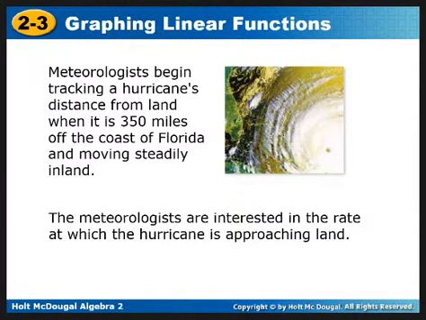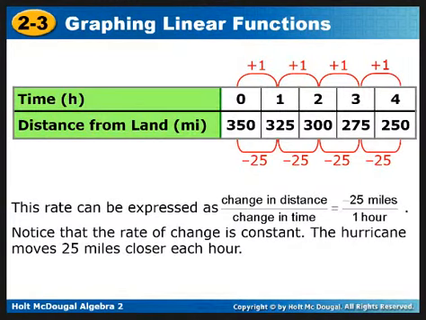All right, so if we move forward here and we look at the information presented to us, our top row would signify our input values. In this case, it is going to be representing time. The bottom row is going to represent our distance from land. Now, as you can see, this is already drawn out for us a little bit, but we want to measure the changes in both our input values versus the changes in our output values.